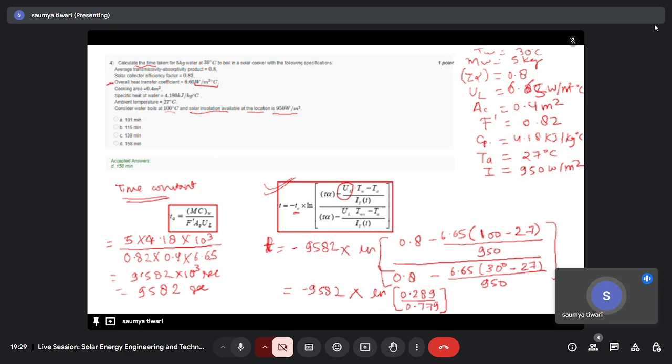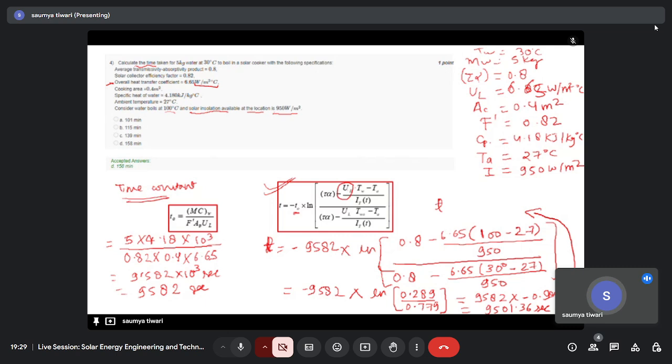So if we further solve it, it will be 9582 into 0.99158, so 9501.36 seconds. If we convert into minutes, we divide it by 60.